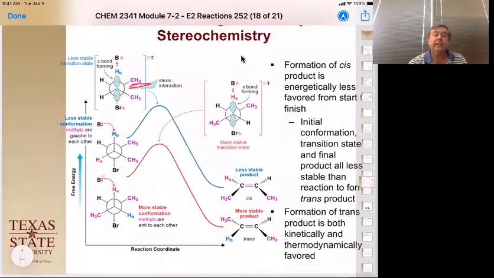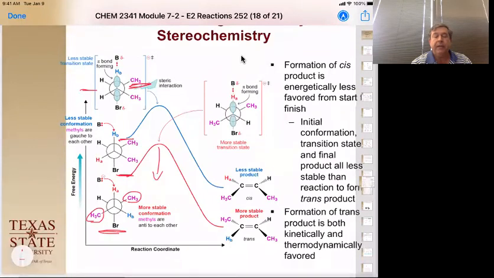So this conformer has a higher starting energy, because those two methyl groups are giving it strain, pushing away from each other. This conformer is higher energy than having them anti to each other. This is the lowest energy conformation we can have in that molecule, so we have a lower starting energy.